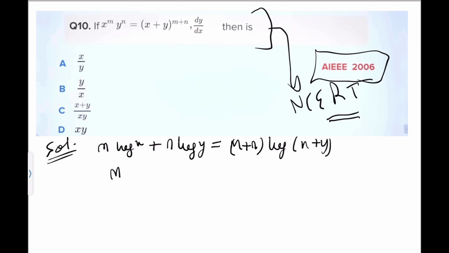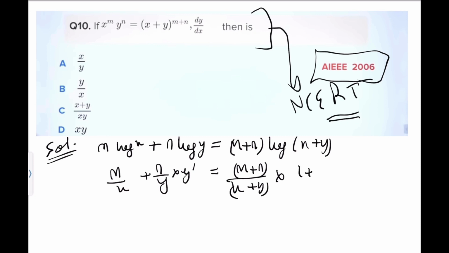When we differentiate it, we get m by x plus n by y times y dash equals m plus n times 1 over x plus y multiplied by 1 plus y dash, right?